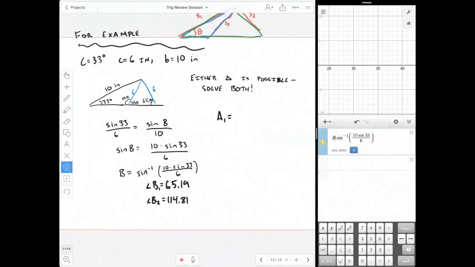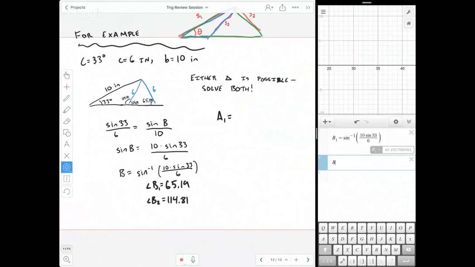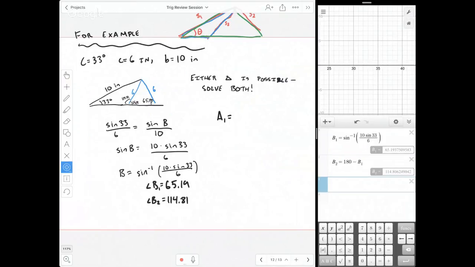Angle B number 1, angle B number 2. I've got 33 plus angle B number 1, which is 98.